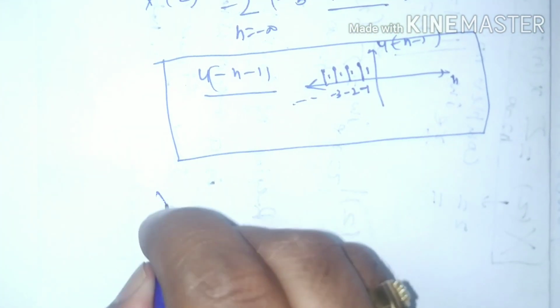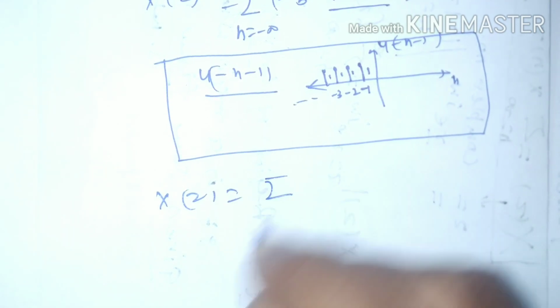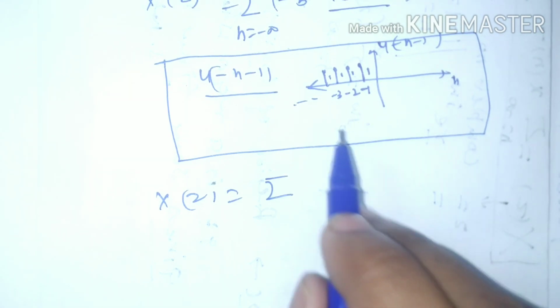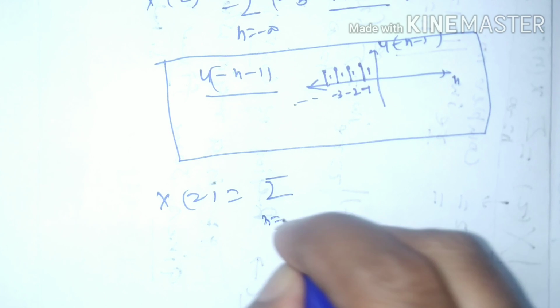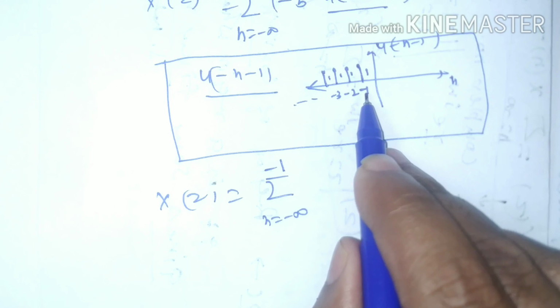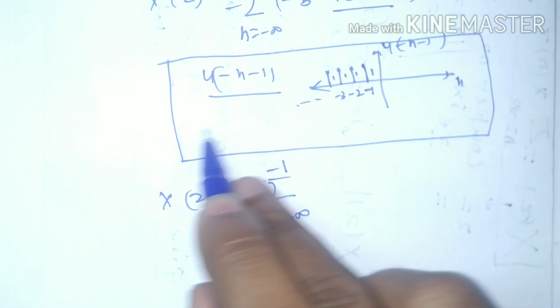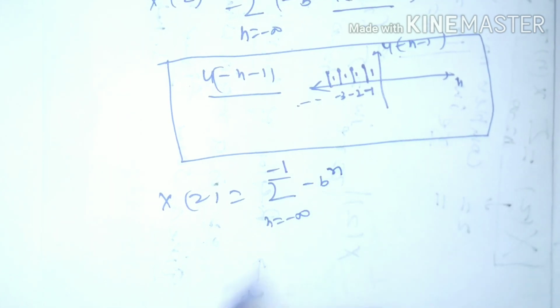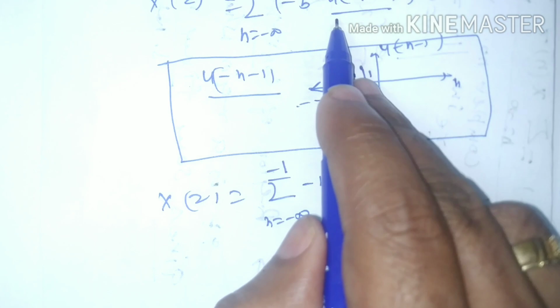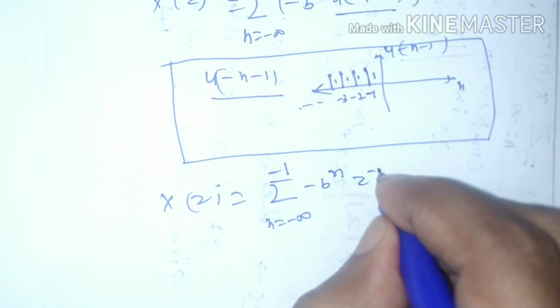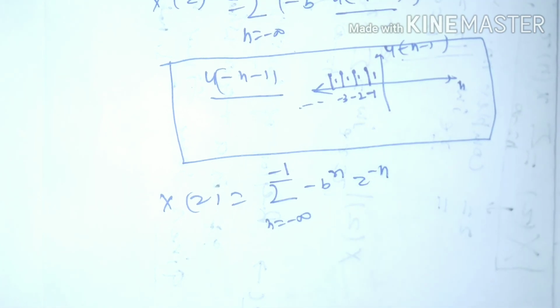So its summation becomes X(z) will be, its limit from n equal to minus infinity to minus 1. Its upper limit is minus 1 and lower limit is minus infinity. Then it becomes b to the power n, and its amplitude during this limit is 1, so it becomes 1 and it will be z to the power minus n.